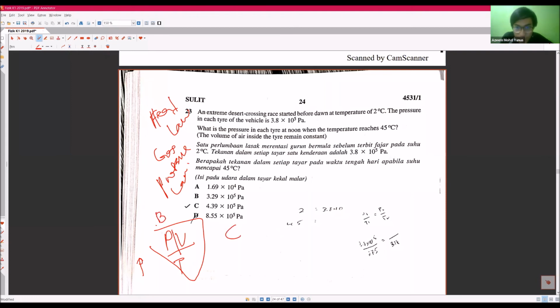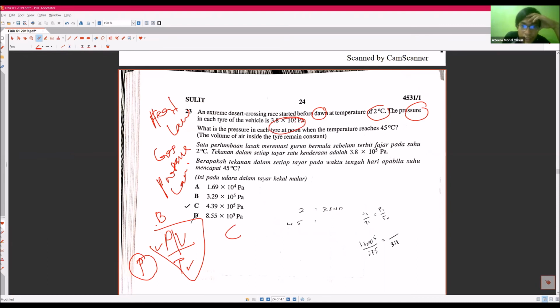It gives us an extreme desert crossing race that started before dawn. Dawn means subuh. During that time the temperature is 2 degrees Celsius. So we have temperature and we have pressure. These two quantities are marked, which means we have to use the pressure law.